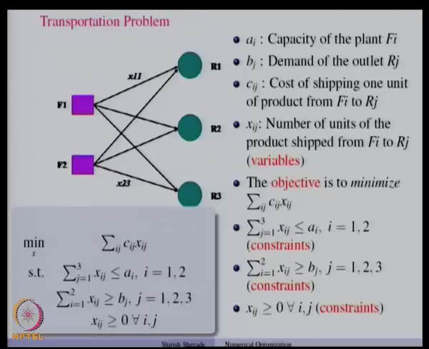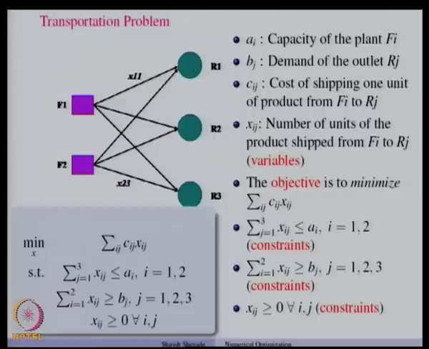You may recall that in one of our earlier lectures, we discussed the transportation problem. There are two factories which produce some commodity, and that is transported to the retail outlets. The factories are F1 and F2 and the retail outlets are R1, R2 and R3.